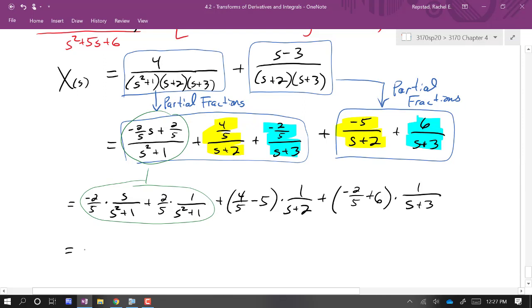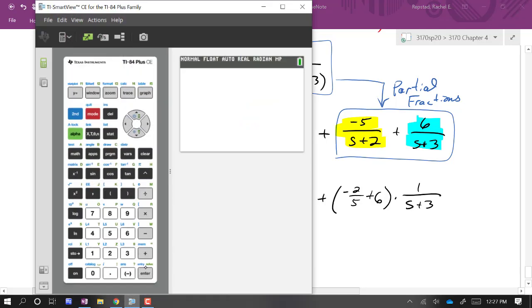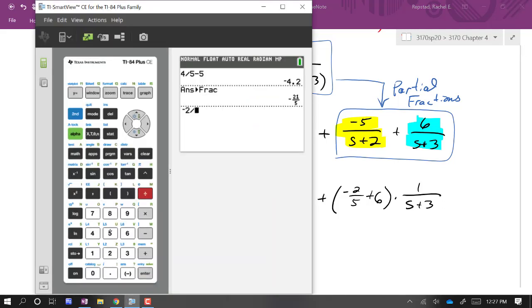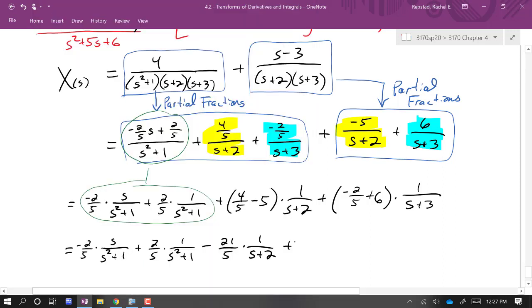The first terms I'm going to keep as is because those are looking the way I'd like them to look. Four-fifths minus 5 is negative 21 over 5. And then negative 2/5 plus 6 is 28 over 5.